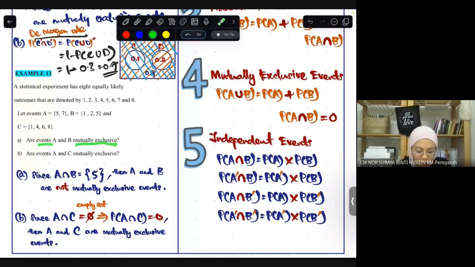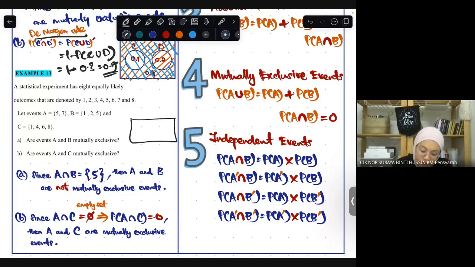So kalau dia tanya A dan B mutually exclusive ataupun tidak, all you gotta do is just use this Venn diagram, ataupun you tengok, okay, kalau dia mutually exclusive, dia mestilah terasing. Okay, let's just use this Venn diagram, it's easier.